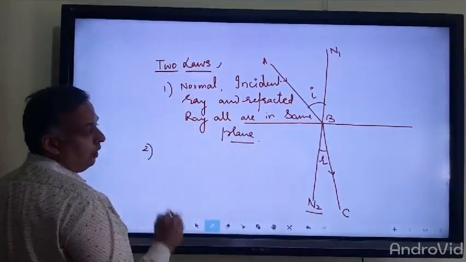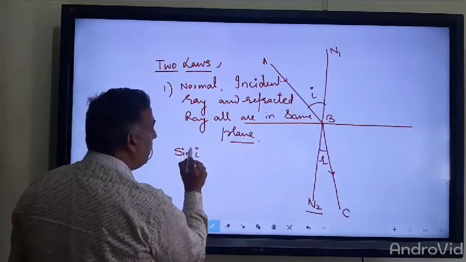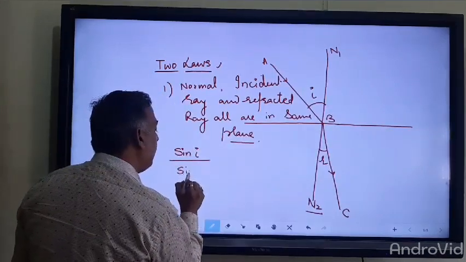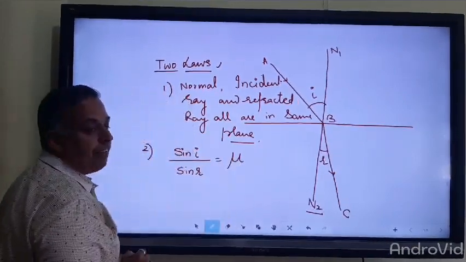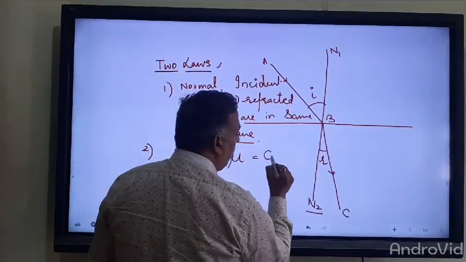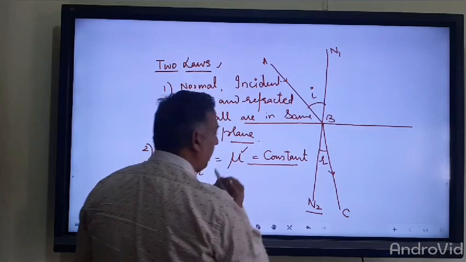Number two: in this case, sine of the angle of incidence upon sine of the angle of refraction is equal to the refractive index, which is constant.